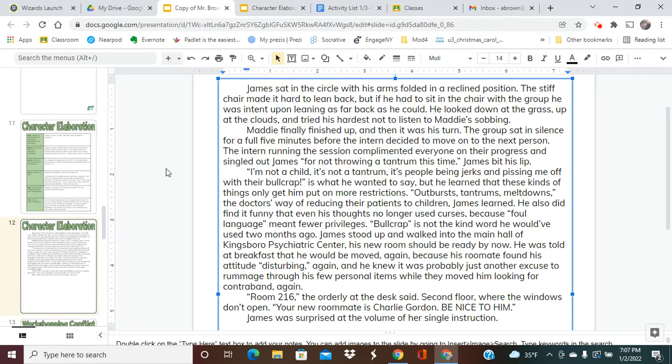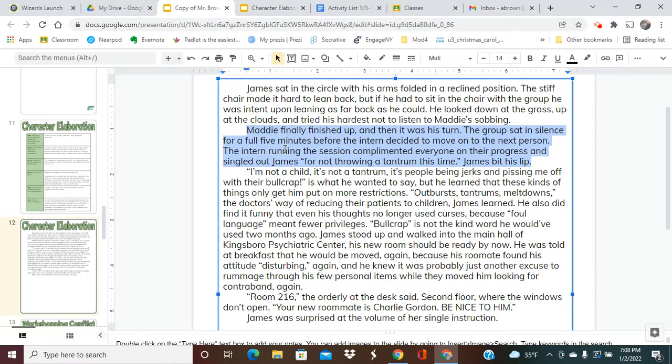He was told at breakfast that he would be moved again because his roommate found his attitude disturbing again, and he knew it was probably just another excuse to rummage through his few personal items while they moved him, looking for contraband again. Room 216, the orderly at the desk said. Second floor, where the windows don't open. Your new roommate is Charlie Gordon. Be nice to him. James was surprised at the volume of her single instruction.